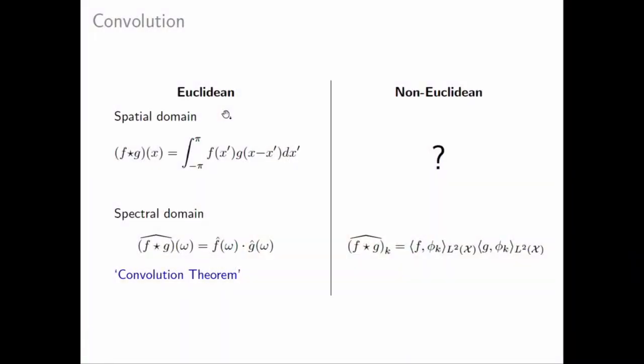So if we look at different ways of defining convolution, we can distinguish between the spatial and the spectral domain methods, right? We've seen the classical definition of a convolution integral in the spatial domain, and the spectral domain definition using the notion of Fourier transform.